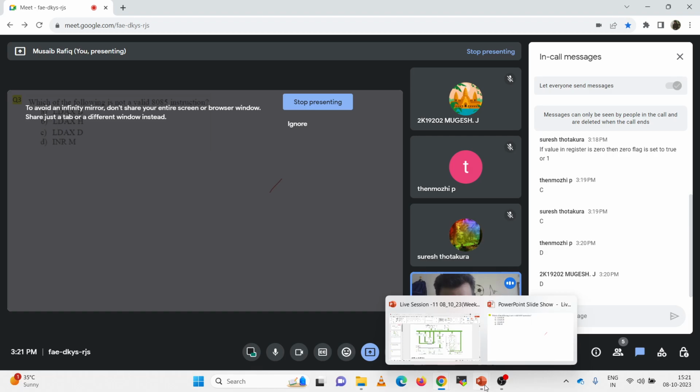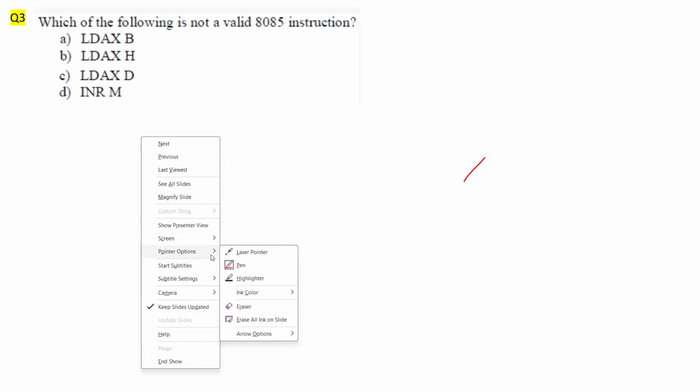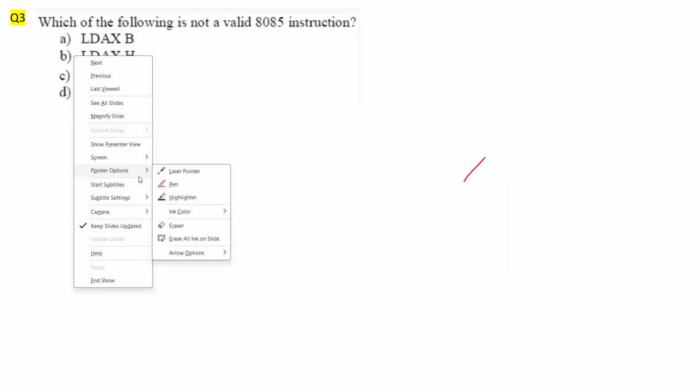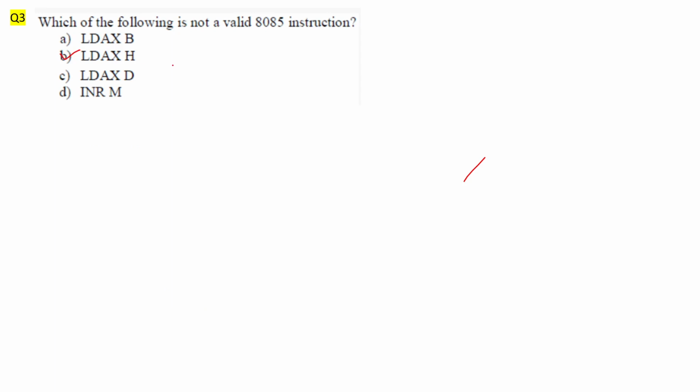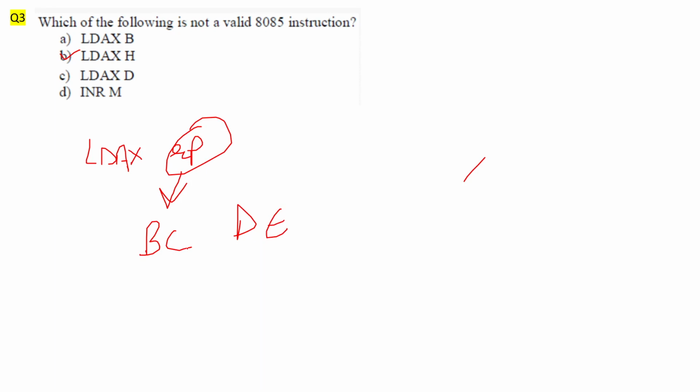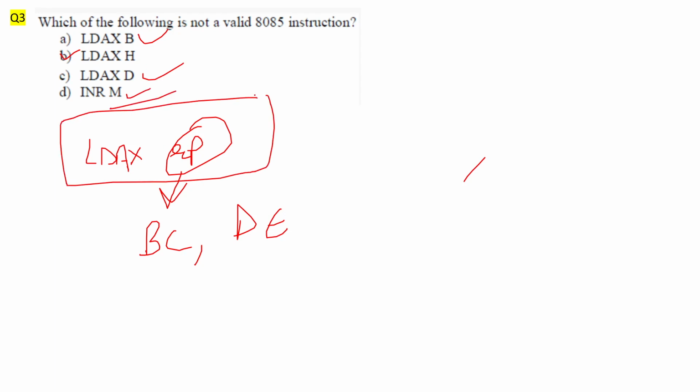The correct answer to this question is option B, that is LDAX H. Because LDAX takes the input as a register pair, either BC or DE. So LDAX B is valid, LDAX D is valid, and INR M, which increases the contents of memory, is also valid. LDAX takes a register pair, which is BC or DE.